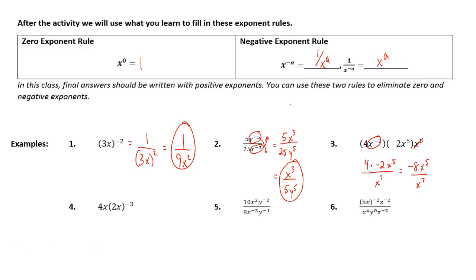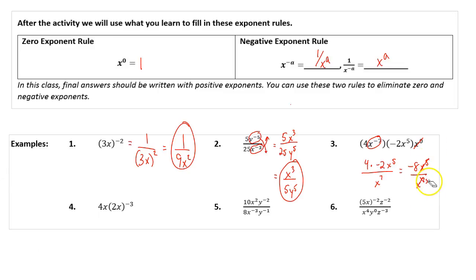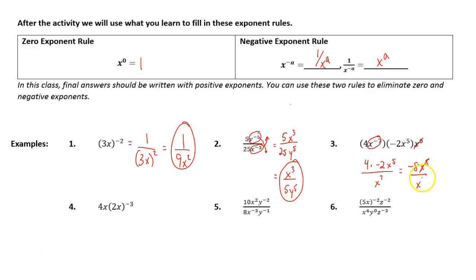I have x to the 5th in the numerator and x to the 7th in the denominator. Meaning I have 5 of them in the numerator, that's going to take out 5 from the denominator, leaving us with 2. I had 7, so we're going to be left with 2 x's, or x squared, in the denominator. So here's your answer, negative 8 over x squared.